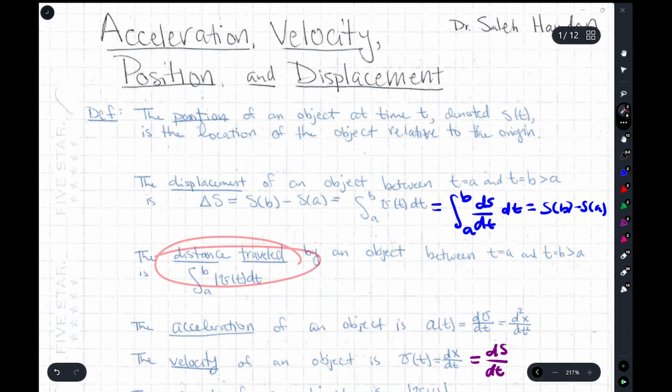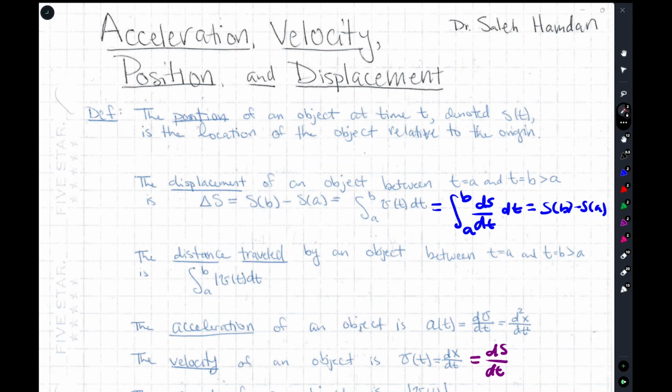On the other hand, the distance traveled is going to be what your odometer increases. Okay? It's going to be the increase in your odometer. And so here you take the absolute value. Okay? And this should be another bar there.